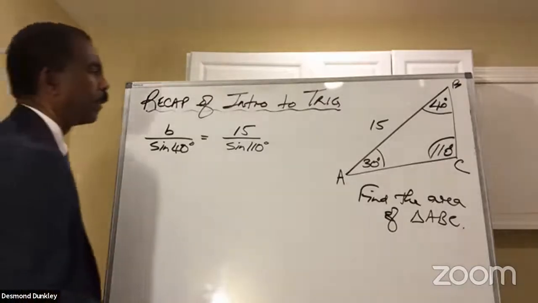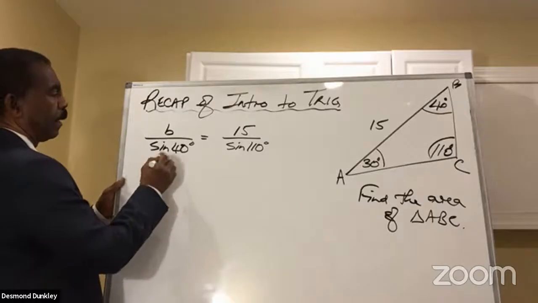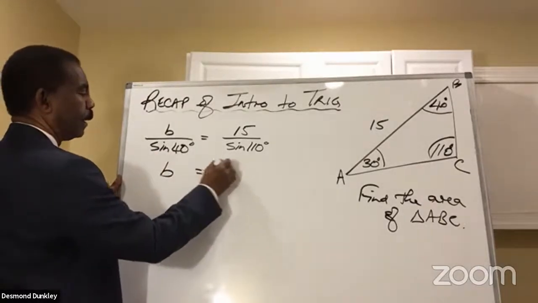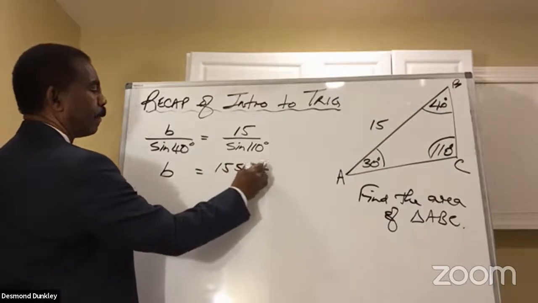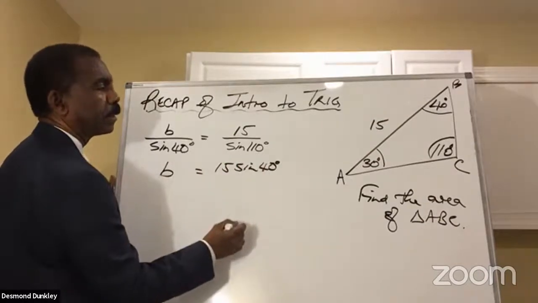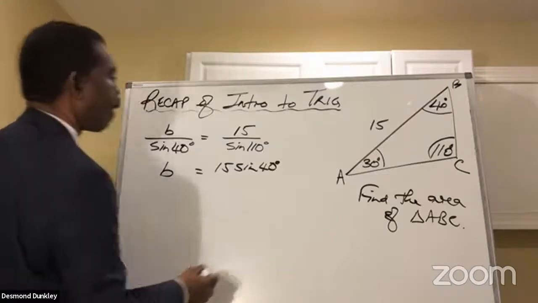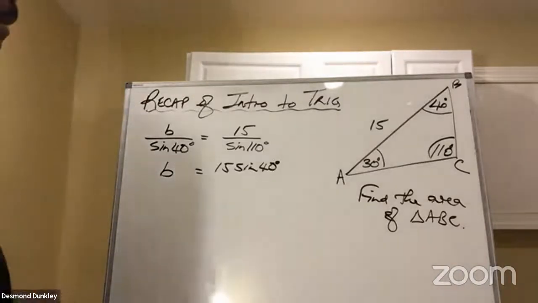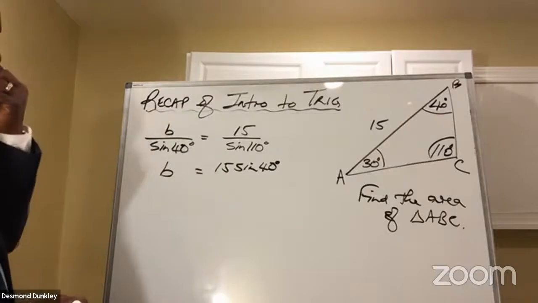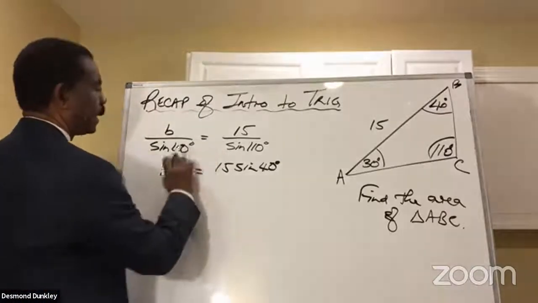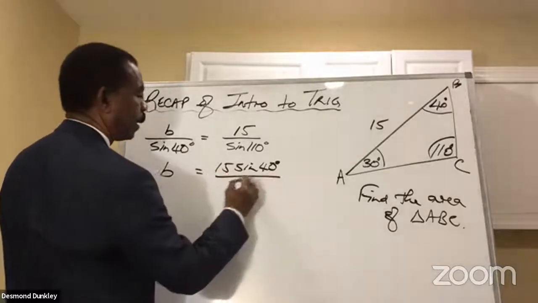So B is equal to 15 sine 40 degrees over sine 110.